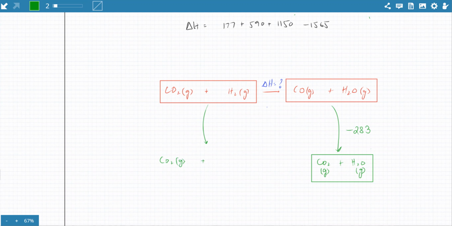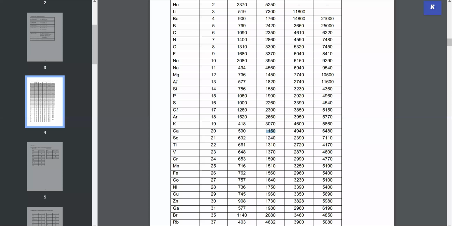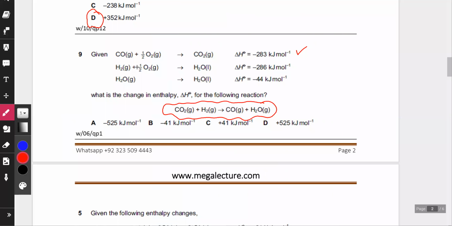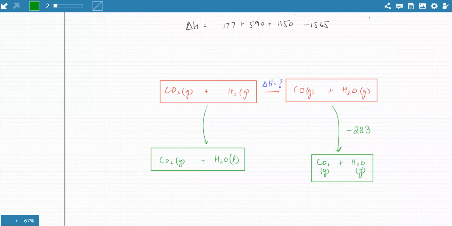But I'm going to convert the H2 into H2O liquid. So the energy that is required for that, H2 into H2O liquid, is minus 286. Is that clear?